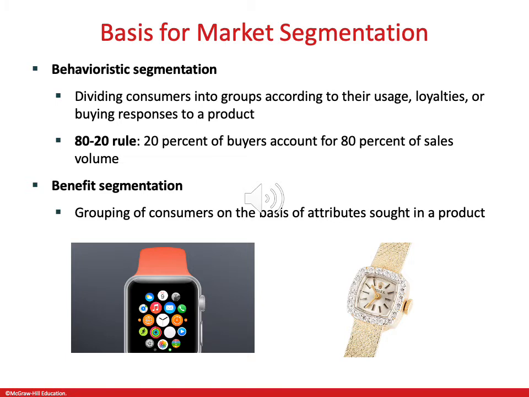Generally speaking, 20% of buyers account for 80% of sales volume. That applies to so many categories, right? So understanding who your heaviest consumers are, who your top consumers are, and segmenting them and really getting to know them and marketing precisely to them can really pay dividends when you think about the 80-20 rule.